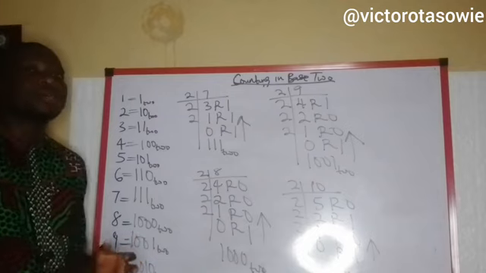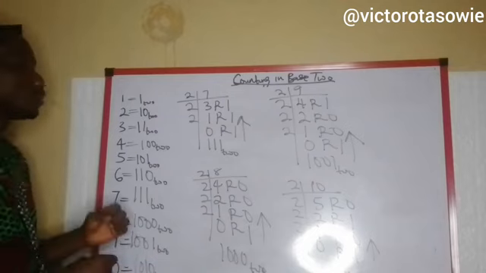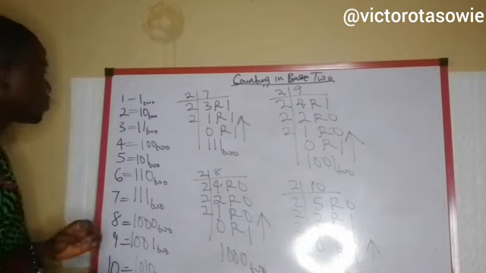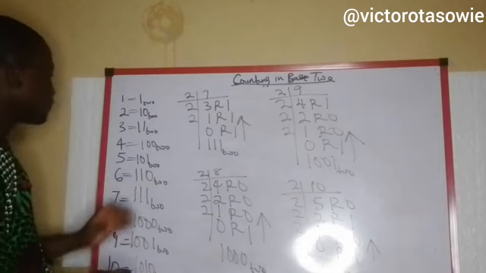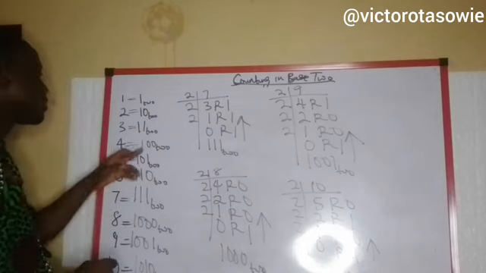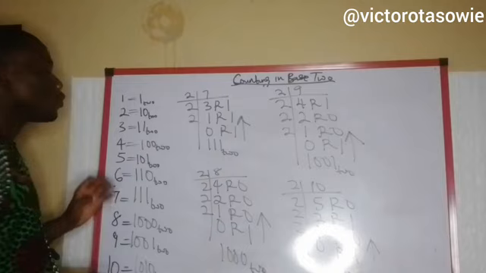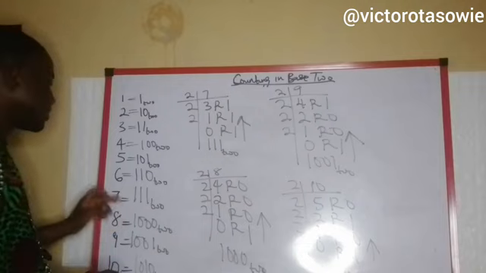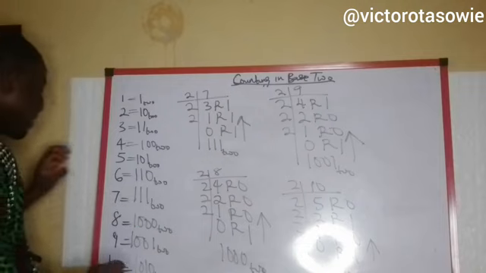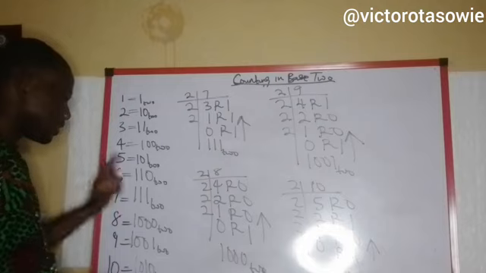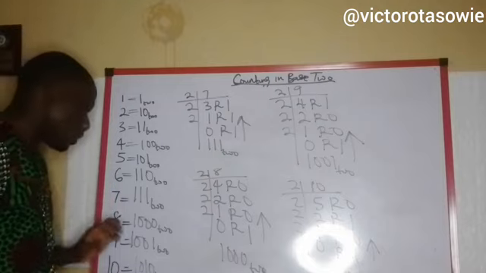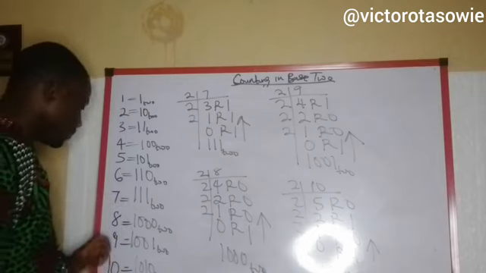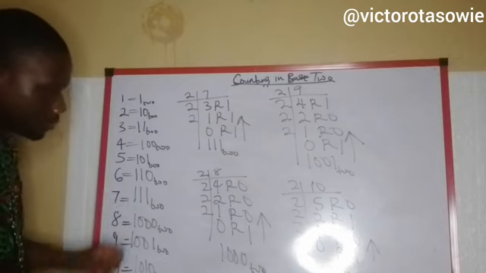So let's say together, 1 is 1 base 2. 2 is 1, 0 base 2. 3 is 1, 1 base 2. 4 is 1, 0, 0 base 2. 5 is 1, 0, 1 base 2. 6 is 1, 1, 0 base 2. 7 is 1, 1, 1 base 2. 8 is 1, 0, 0, 0 base 2. 9 is 1, 0, 0, 1 base 2. 10 is 1, 0, 1, 0 base 2.